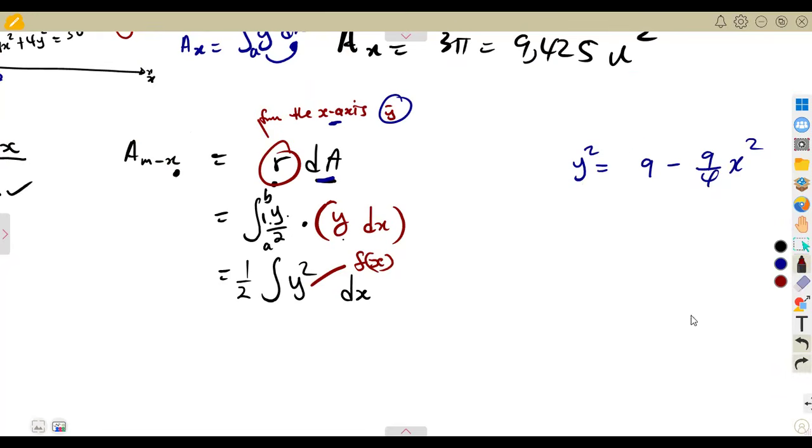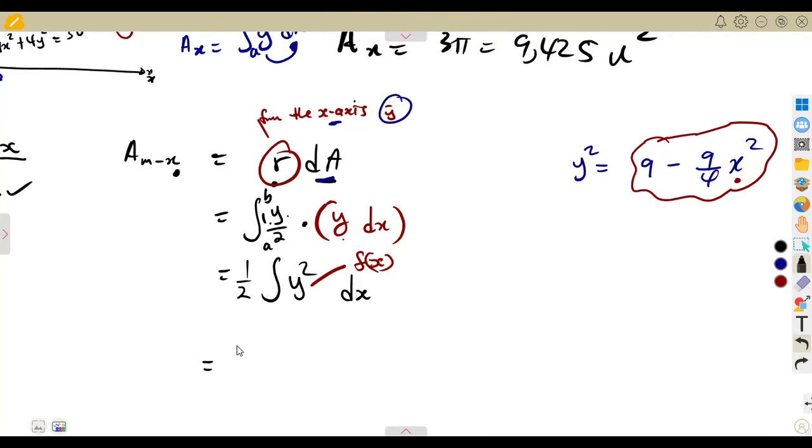So instead of taking from the square, y squared is already there. What represents y squared in terms of x? It must be in terms of x. And this is exactly what we have here.